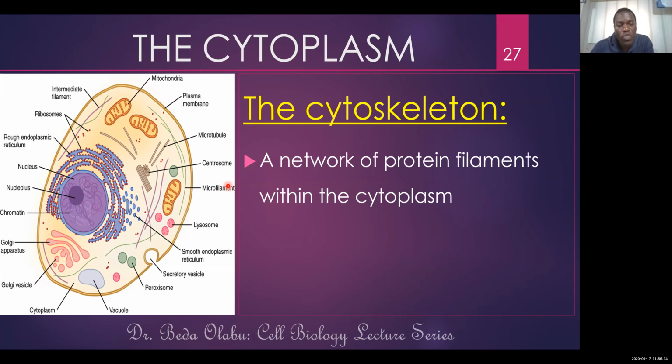The other role of microfilaments, apart from being important in muscle contraction, is that microfilaments also form part of what we call microvilli. Microvilli are extensions of the cell membrane, usually on the apical surface, that facilitate transport of molecules because it increases the surface area of the cell membrane on the absorptive side.